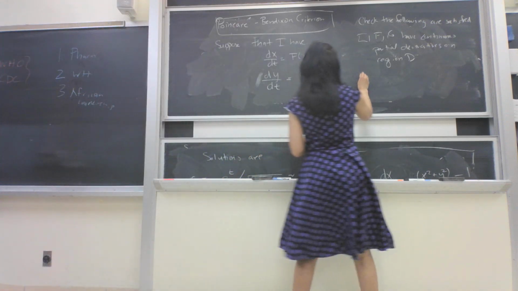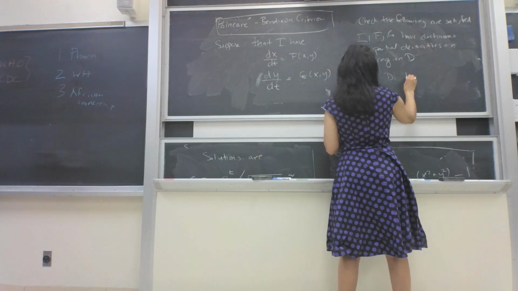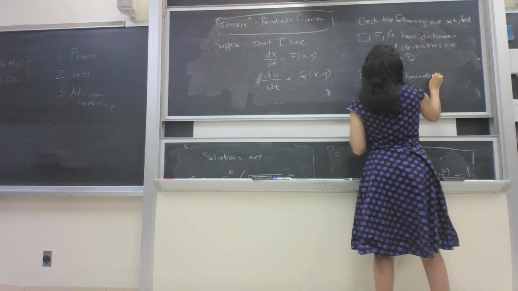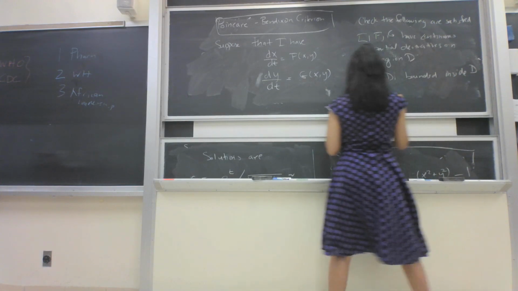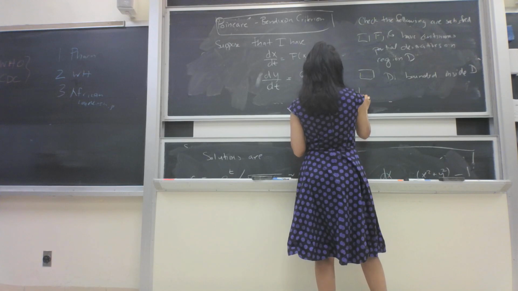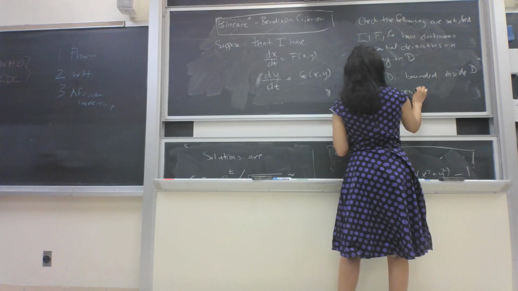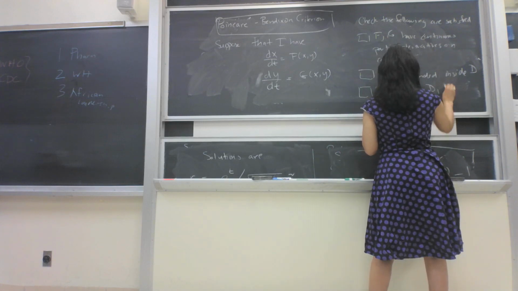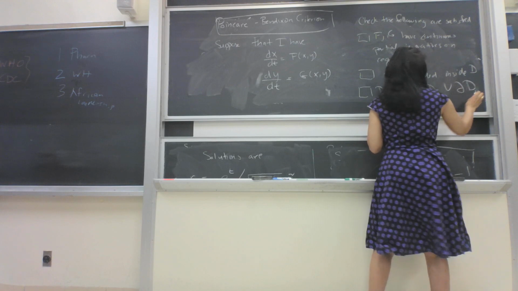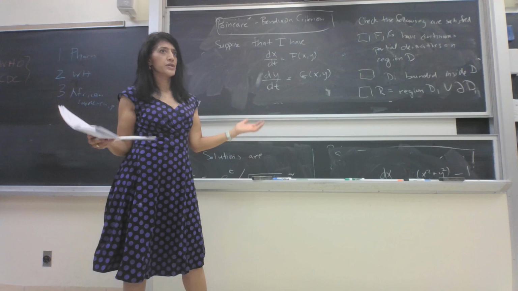And let's suppose that I have another region, D1, bounded inside D, and then R is the region. The boundary of D1, you can think of D1 as your unit circle if you want to.